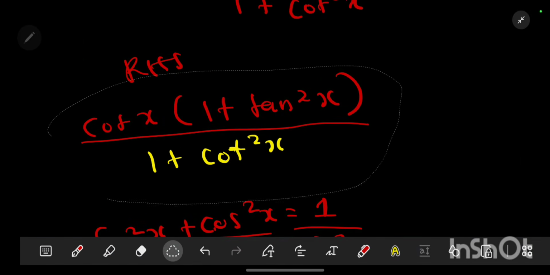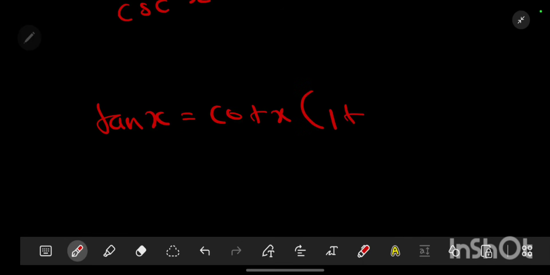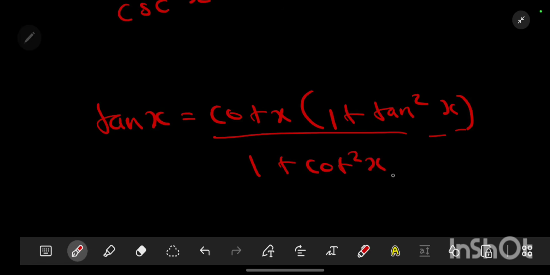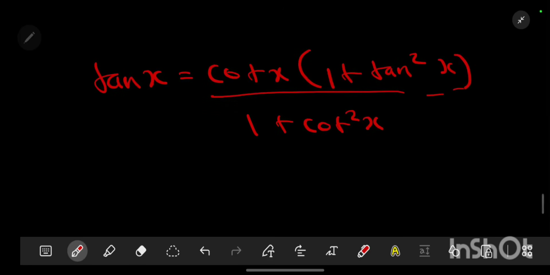Taken from here. The next question says we have tan x is equal to cot x times open brackets 1 plus tan squared x over 1 plus cot squared x. So remember, we have derived these identities.